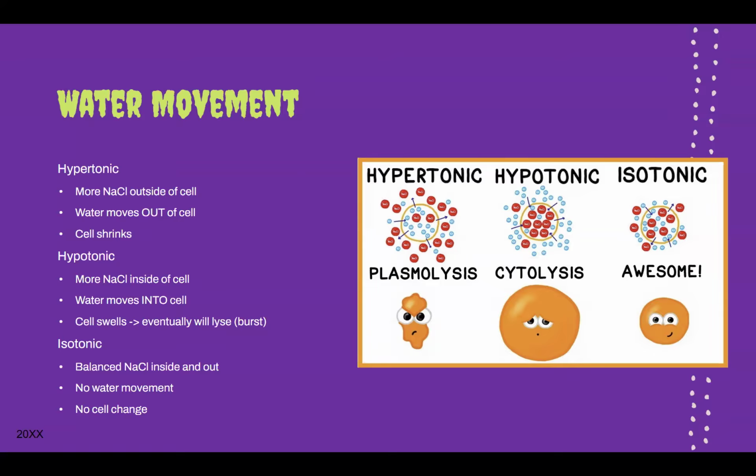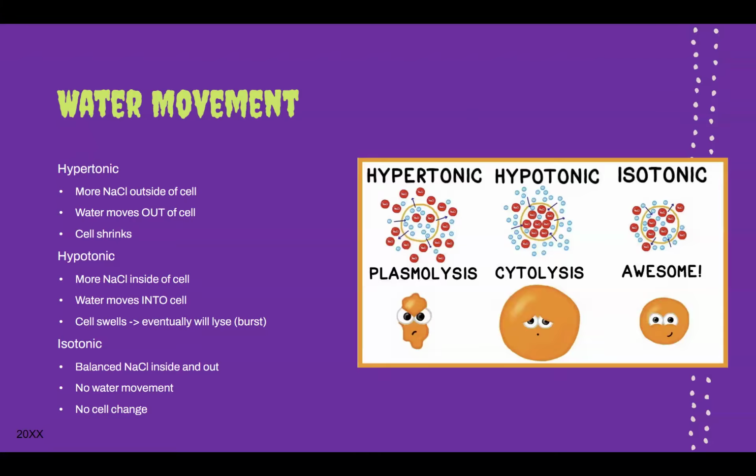Hypotonic solutions, you have more sodium or more salt inside a cell. What happens is that the water will follow the sodium inside the cell, go through the membranes, and eventually the cell will swell up to the point where it'll lyse, or burst open. And then hypertonic, you have more salt outside of the cell.